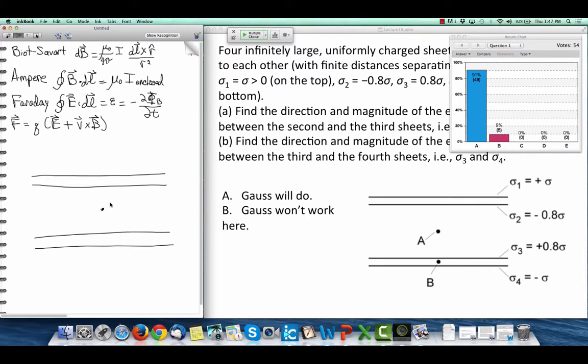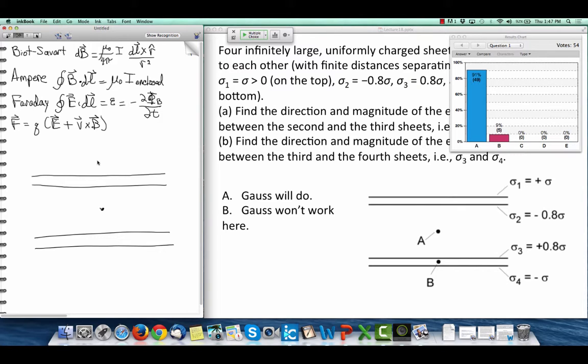Suppose you're doing point A. You want the electric field at point A. So you could put a Gaussian surface. You need a closed surface with this kind of symmetry axis. The vertical axis here is the symmetry axis.